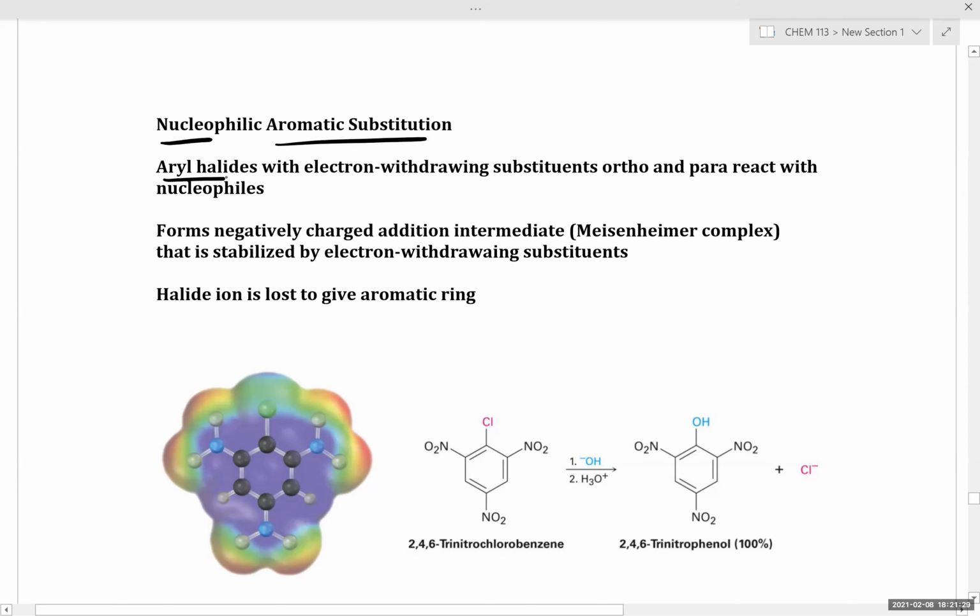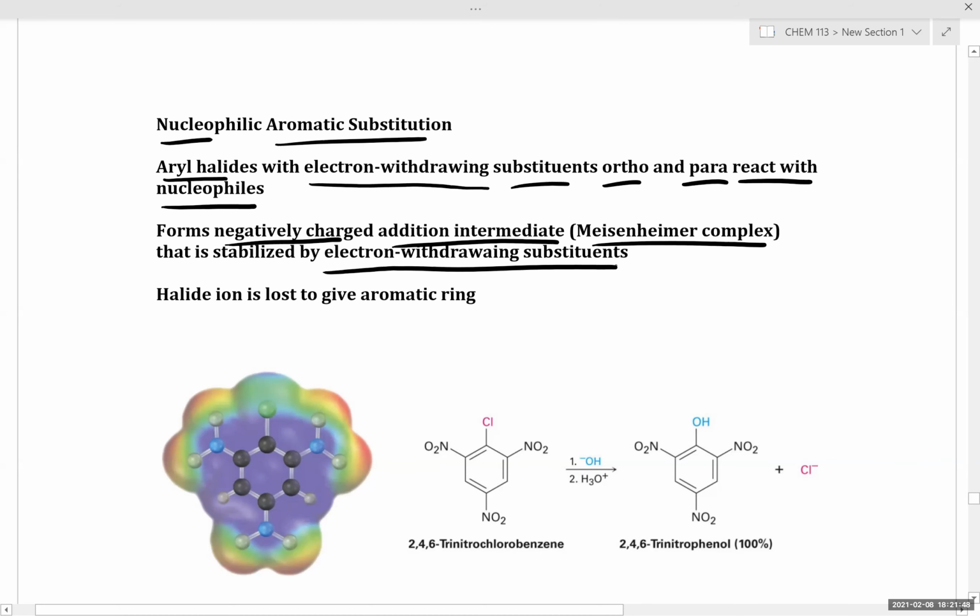So aryl halides with electron withdrawing substituents, ortho and para, can react with nucleophiles. The way that this works is we're generating a negatively charged addition intermediate called a Meisenheimer complex that is stabilized by electron withdrawing substituents.